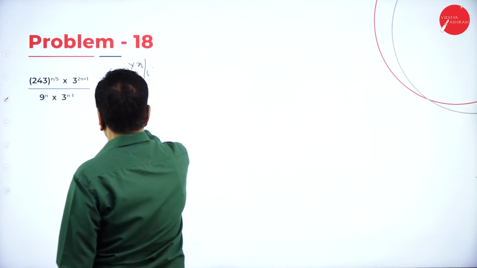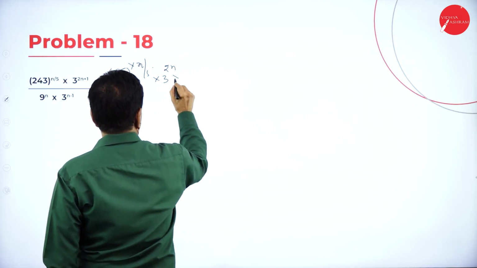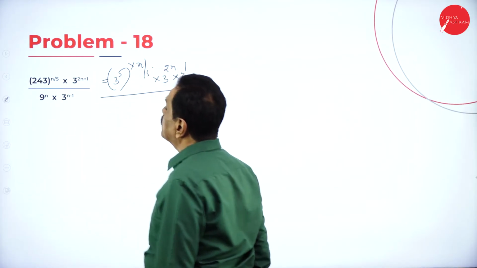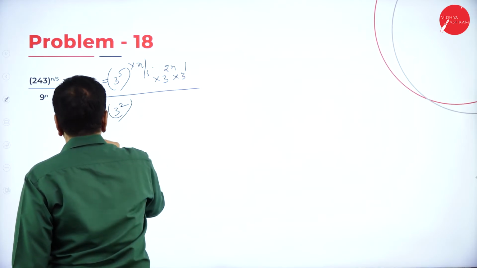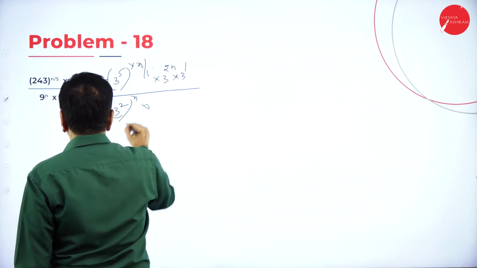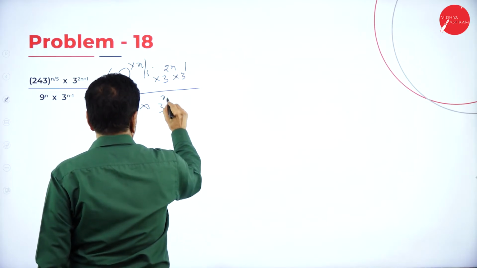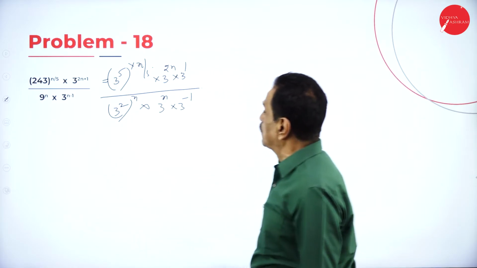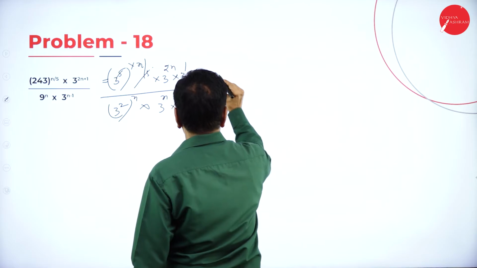This is, we can write 3 to the power of 2n into 3 to the power of 1, divided by, this can be written as 3 square to the power of n. This can be written as 3 to the power of n into 3 to the power of minus 1. Right, 5 cancelled out.